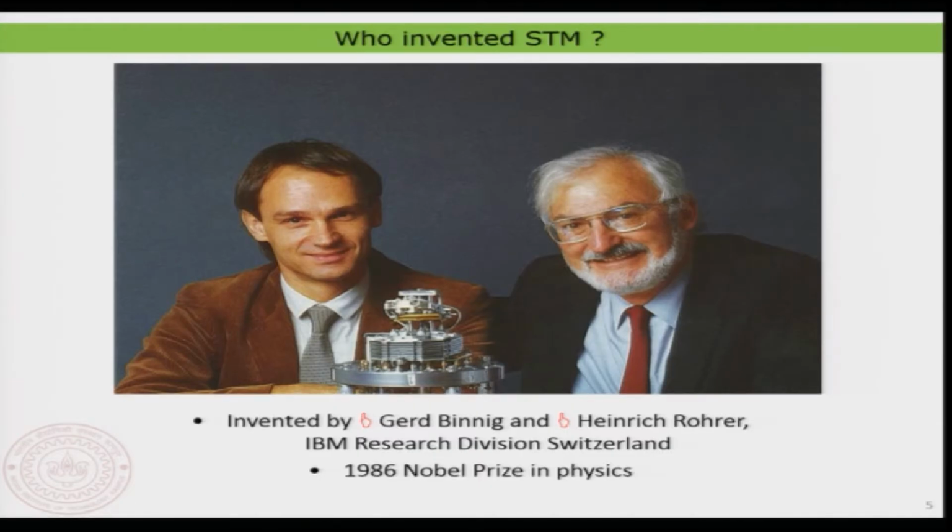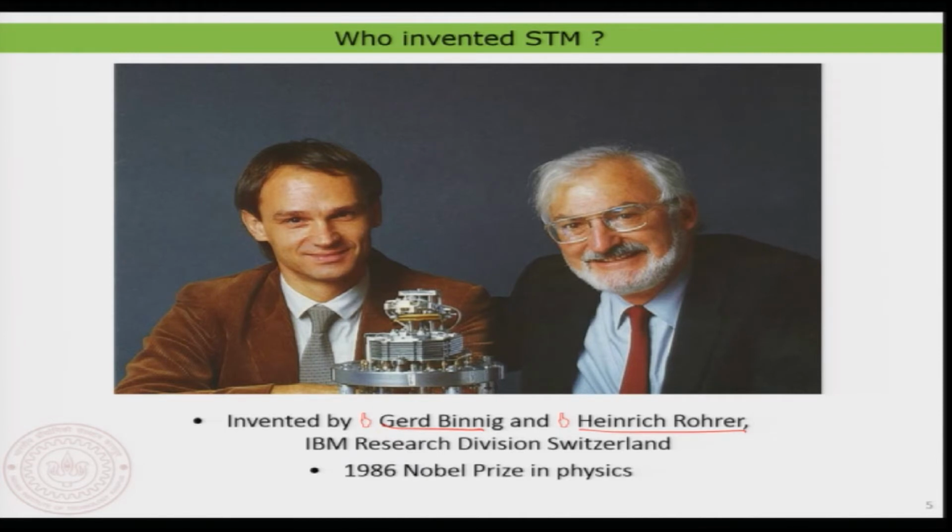Good. Who invented scanning tunneling microscopy? That's the most important part. It was invented by Gerd Binnig and Heinrich Rohrer, colleagues working in the IBM research division, and they invented the microscope around 1979 to 1980.